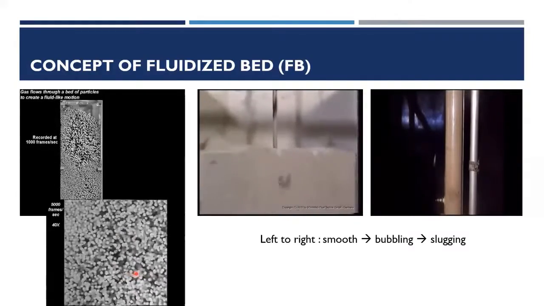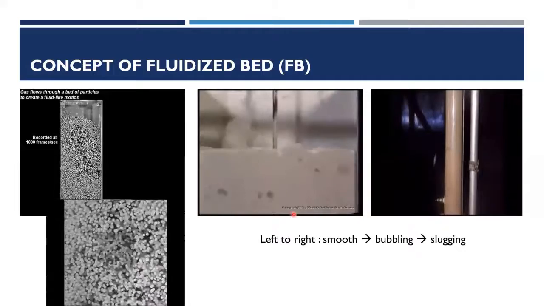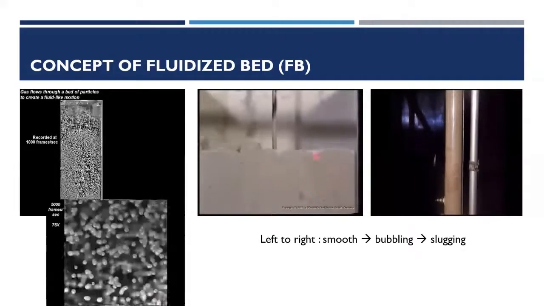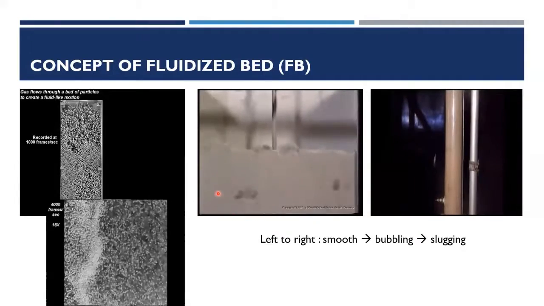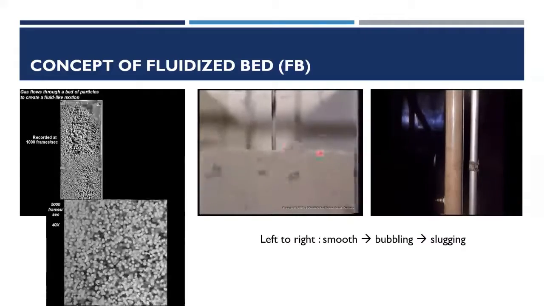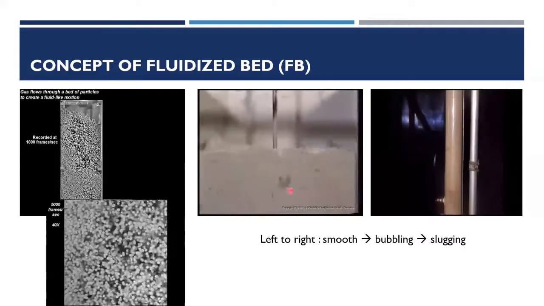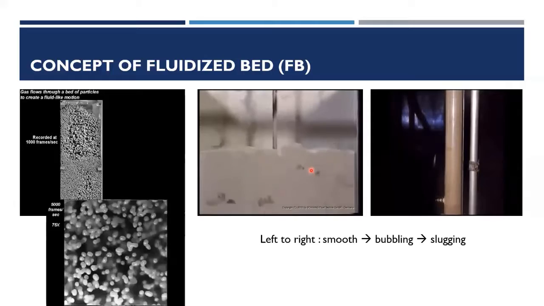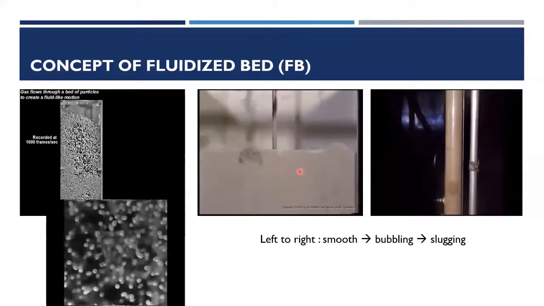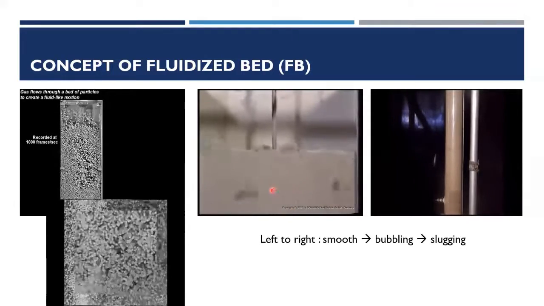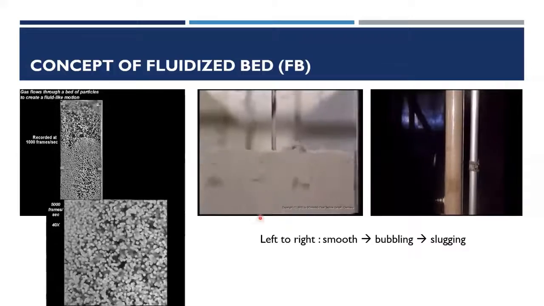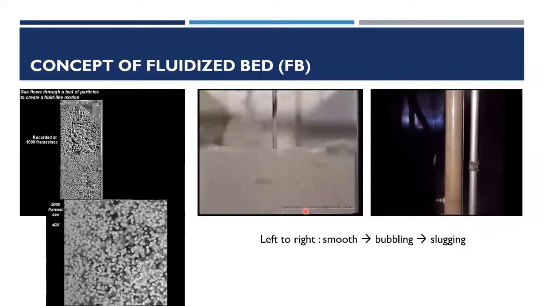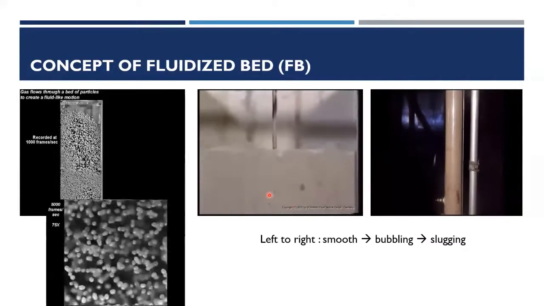However, for the bubbling fluidization, as you can see, there is a bubble formed during the fluidization of the solid material. There is a solid material here, it looks like sand. So there is a bubble.